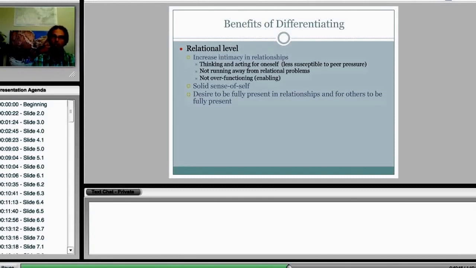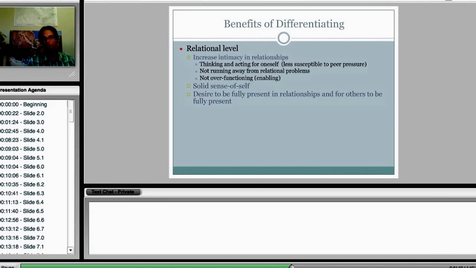So there's going to be a greater level of thinking: who am I? What do I want in this relationship? How does that affect the other person in this relationship? There's a greater sense of self that one can bring. There's also less rescuing in relationships, so less enablement, and less demanding and threats.